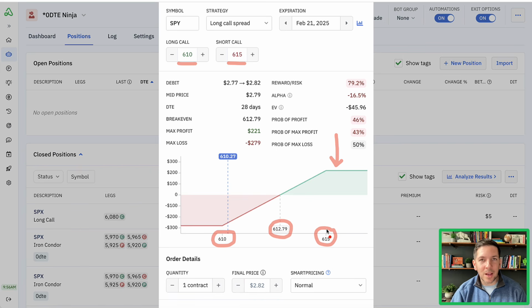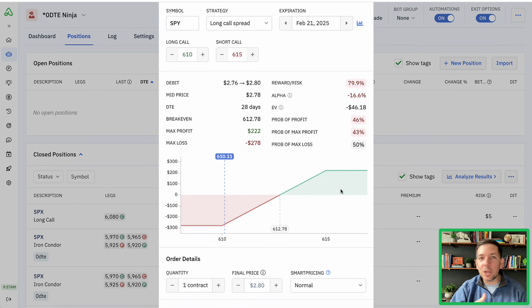So anything above $615, if SPY goes crazy from here and goes above 615, we make our full profit. In this case, the full profit would be $221. It's kind of moving around with our pricing here, but we don't make anything else. And that's okay. Maybe that's the trade-off that we want to make, where it's less money to get in, so it doesn't cost us $900 to get into this 610 long call.